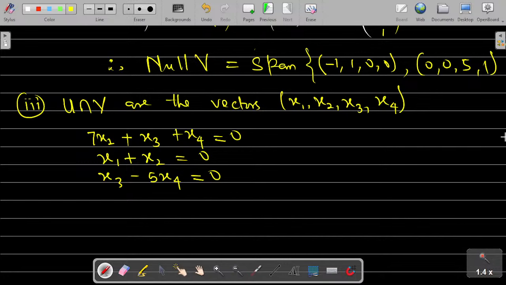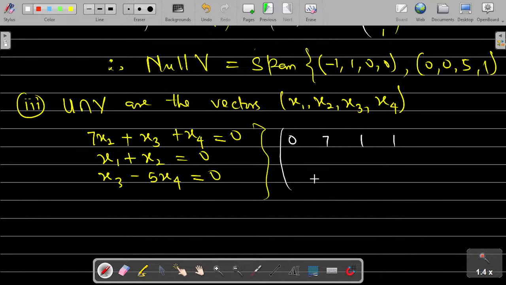Okay, so from here you will generate your A and your x. Of course, you already know your x is going to be x1 to x4. So here, for the first equation, x1 is 0, x2 is 7, x3 is 1, x4 is 1.